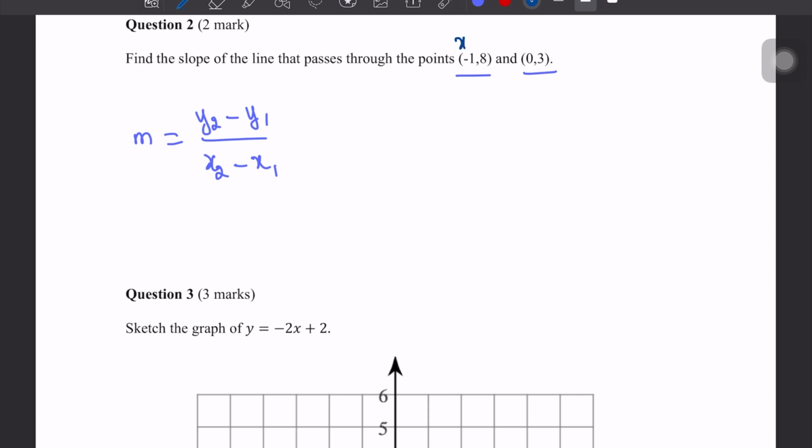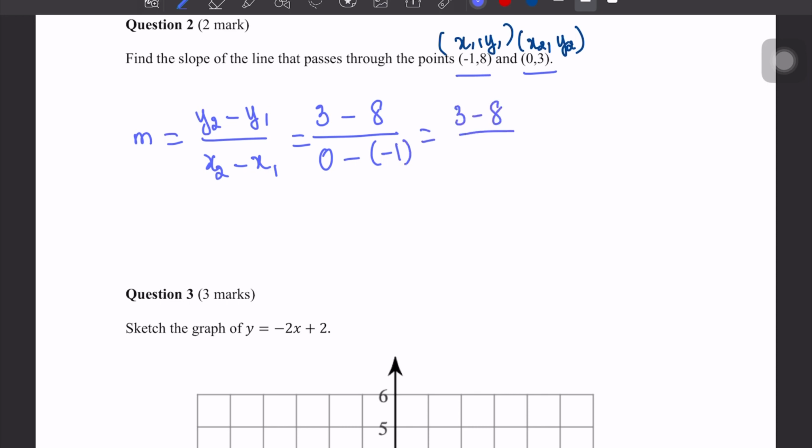This one would be x1, y1 and this one would be x2, y2. y2 equals 3 minus 8 over x2, 0 minus negative 1. It would become 3 minus 8 over 0 plus 1. Negative 5 over 1 equals negative 5.